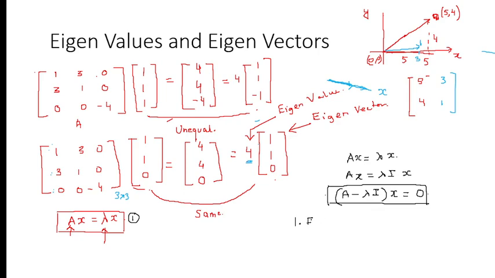From this equation, first you have to find lambda. If A is given, from the equation you have to find lambda, that is the eigenvalues. After getting the eigenvalues, you can get the x, that is the eigenvectors. In this way we can get eigenvalues and eigenvectors.